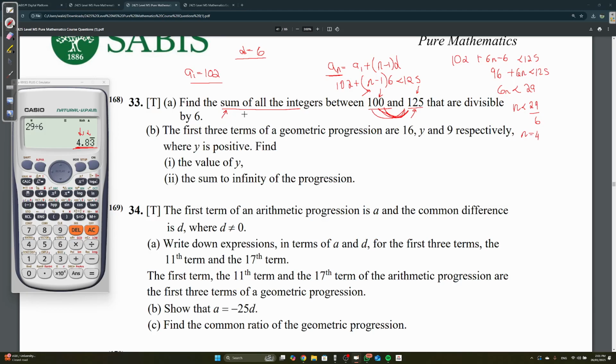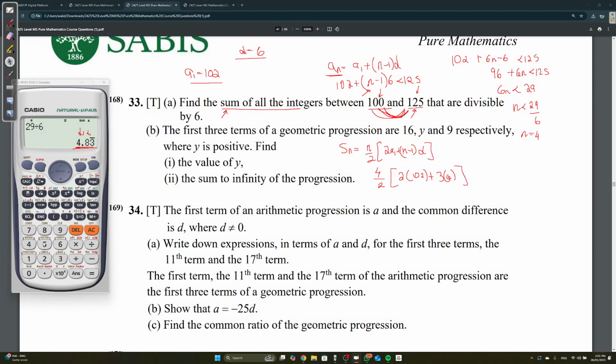So now can I find the sum? Yes, I can. Sn is equal to n over 2 times 2a1 plus n minus 1 times d. Why am I using this? Because I don't have the fourth term. So 4 over 2, times 2 times the first term, 102, plus 3, because 4 minus 1, times d, which is 6.